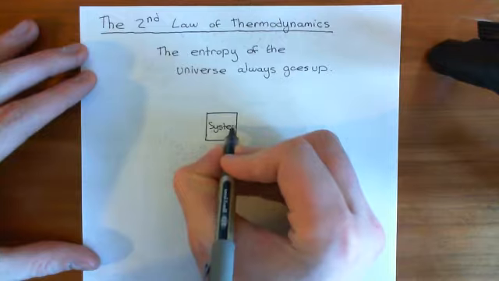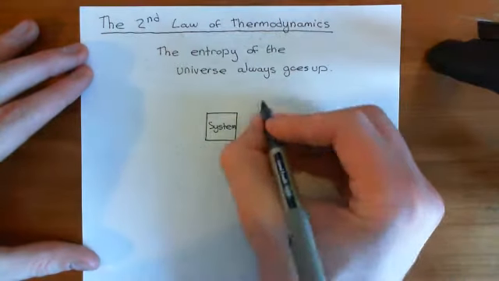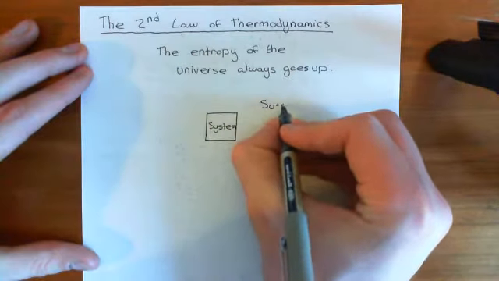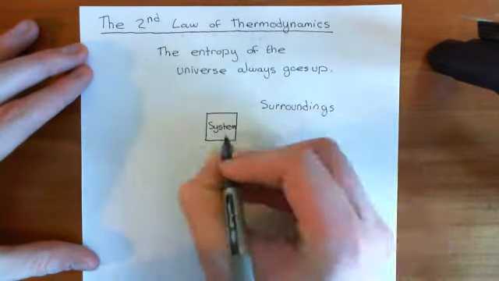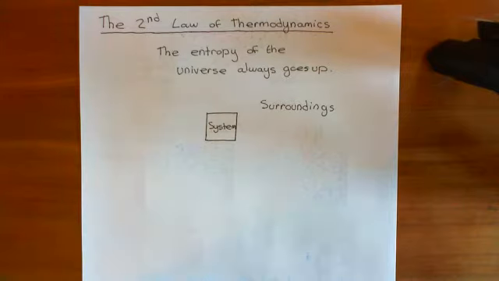And then the rest of the universe around it that is outside of the system, we'll call that the surroundings, basically. Okay, so you have a system, and then outside you have the surroundings. In the system we will be doing a chemical reaction, and we can calculate the change in entropy that will occur within the system.